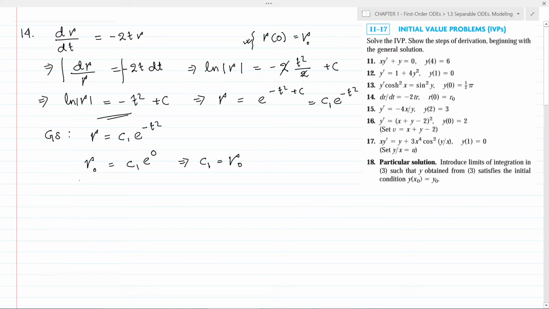This c1 we can substitute in the general solution to get the particular solution. R is equal to r naught e to the power minus t square, and this is the particular solution of the differential equation.